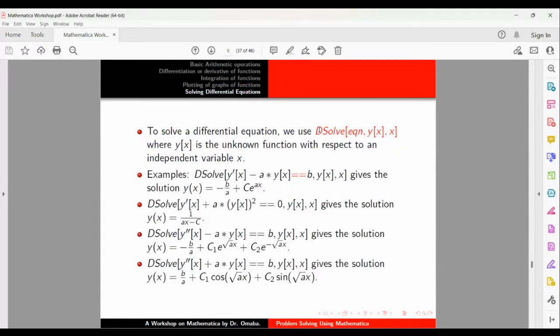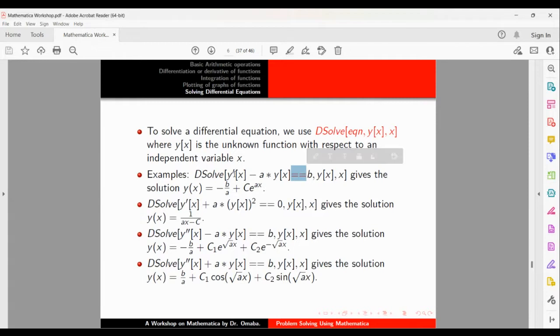To solve a differential equation, use dsolve. In dsolve, you write the equation you want to solve, then you write the function, and then you write the variable. So these are the three things we need to solve the differential equation. Very importantly, you must put double equality.